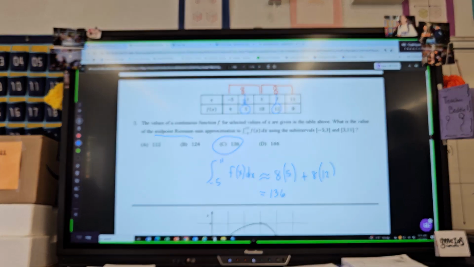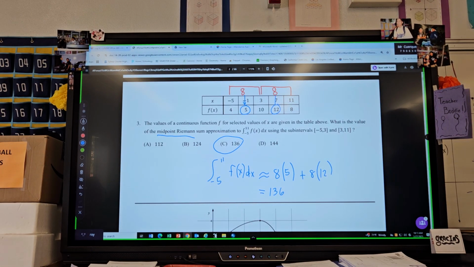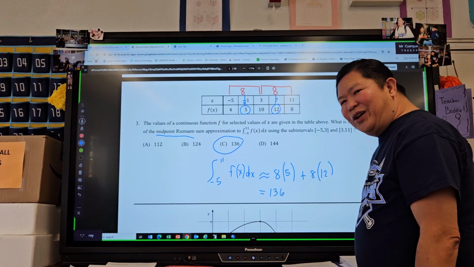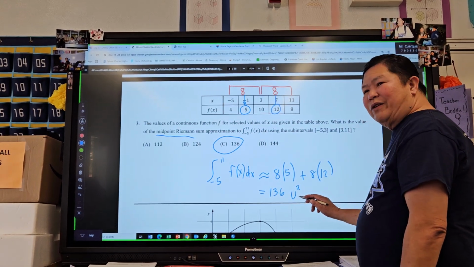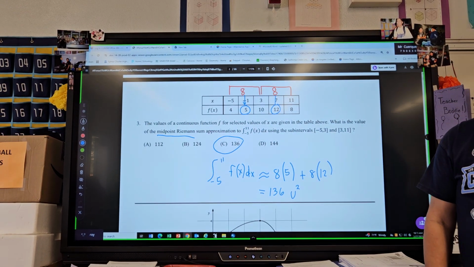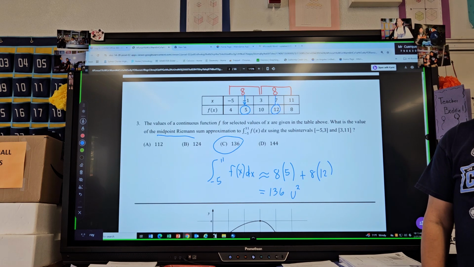You show it this way to earn 3 points. Any question about the square units? It is safe also to just write u squared, where u is unit.